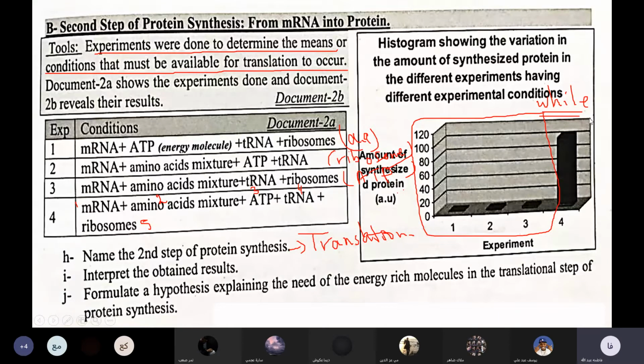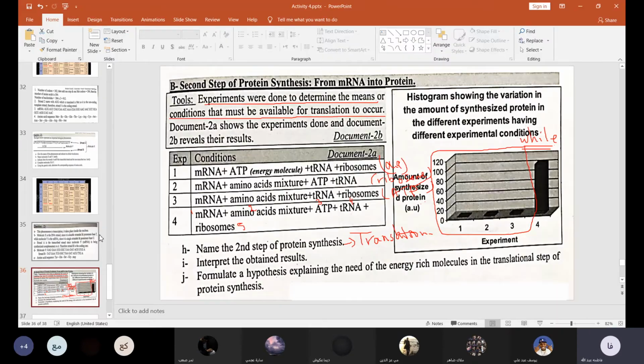This indicates that, to answer the problem, the experiment is done to determine the means or conditions that must be available for translation to occur. The conditions that must be available for translation to occur are messenger RNA, amino acid mixture, ATP, transfer RNA and ribosomes. Sarah, please repeat.